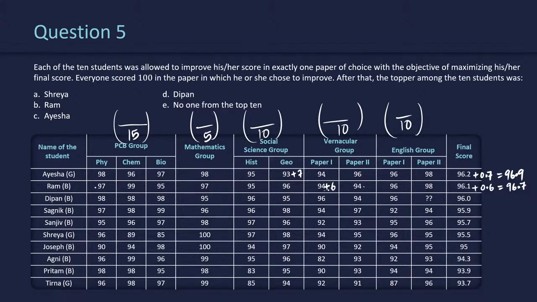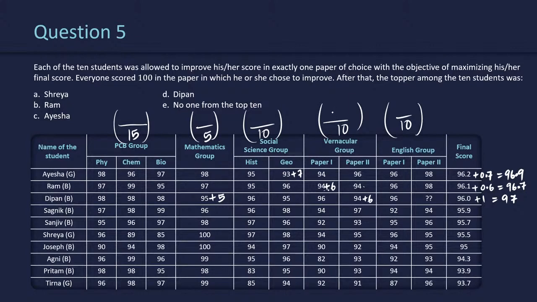ठीक है? If we look at Dipan, so for Dipan, we have 98, 98, 98, 95, right? 95 में अगर वो ये 5 बढ़ा देता है तो 5 by 5 there will be an increase of 1 and this becomes 97. If he decides to increase, suppose this 94 by 6, so that total 100 out of 100 आ जाए उसको paper 2 of vernacular में.